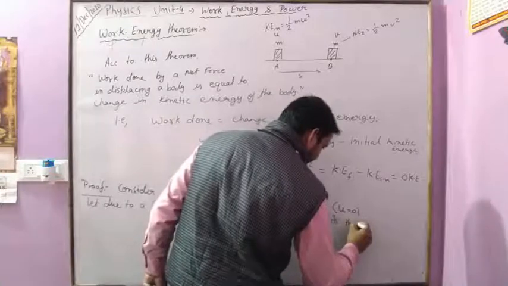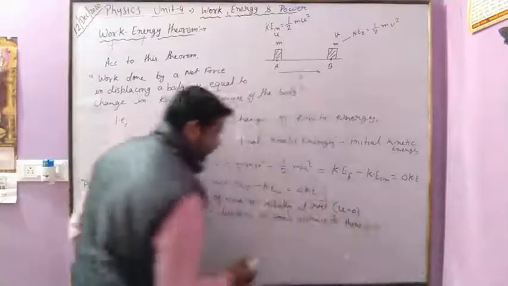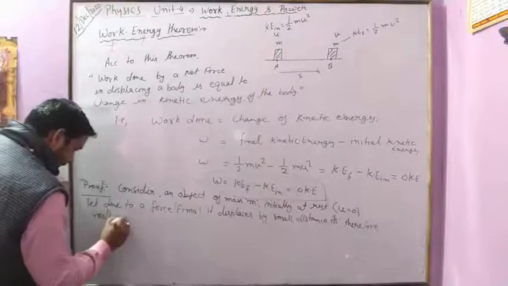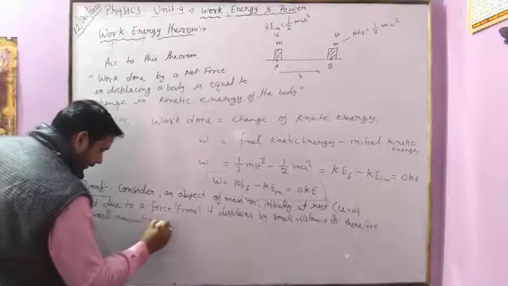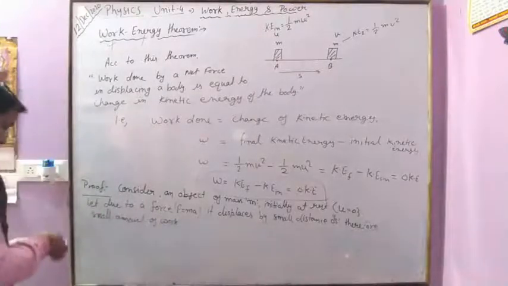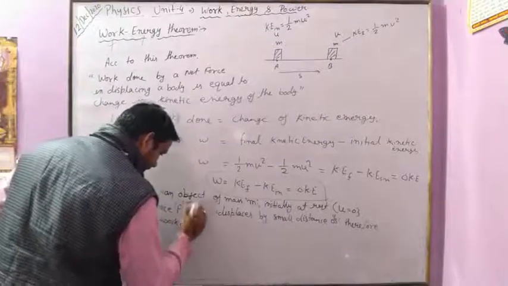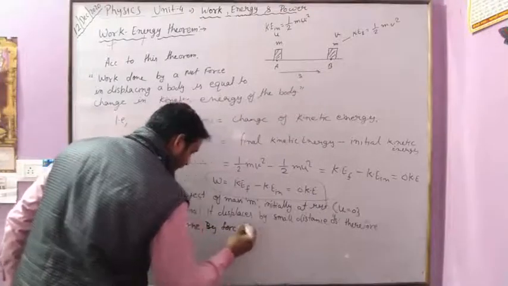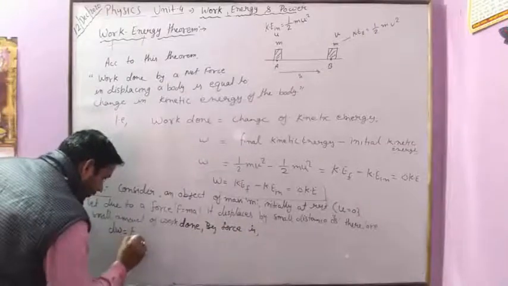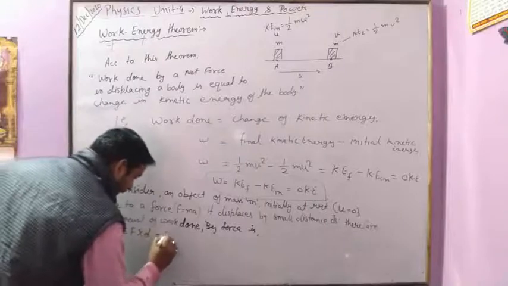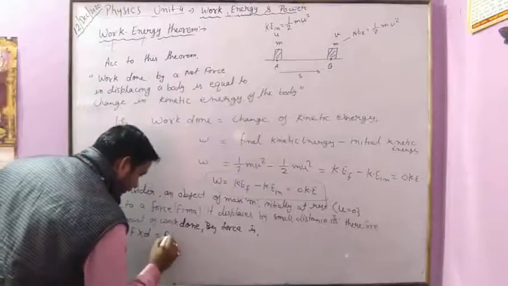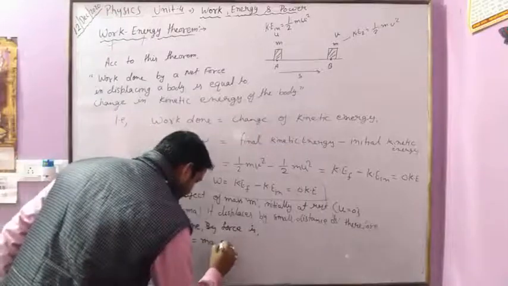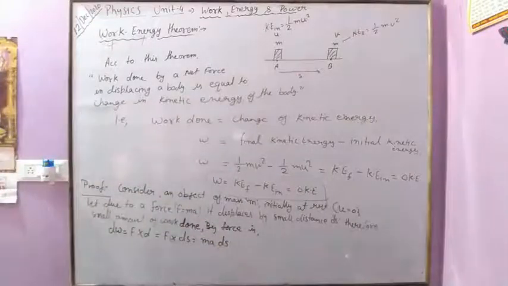Therefore the small amount of work done by the force is dW equal to force into displacement, that is F into ds, and we have F equal to ma, so dW equals ma ds. This is the small amount of work done.